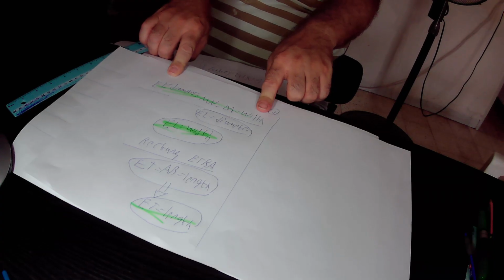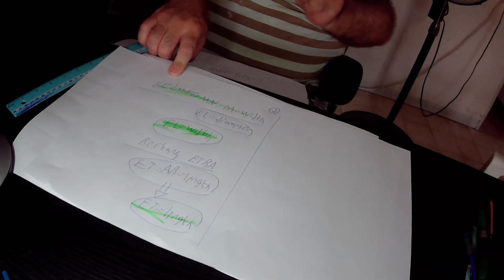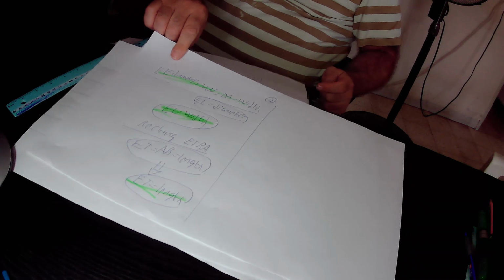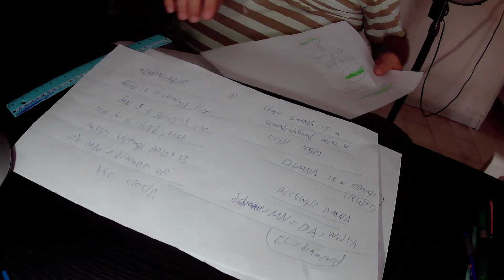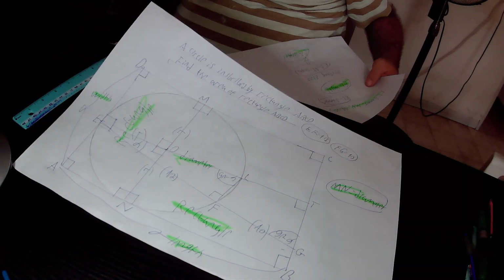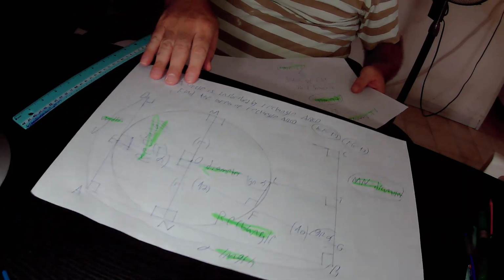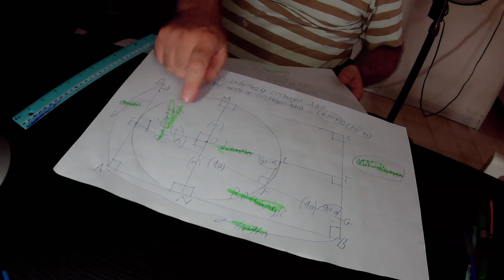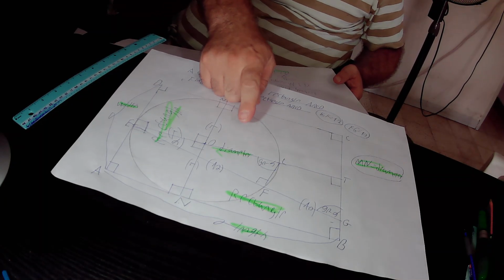Okay? EL is the width of rectangle ABCD. Anyway, we found out that EL is the diameter of the circle.